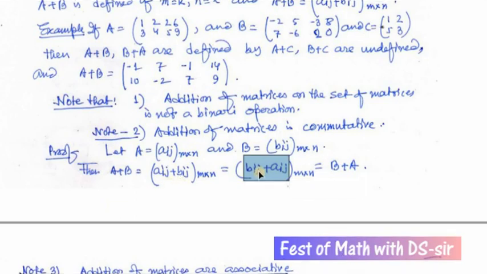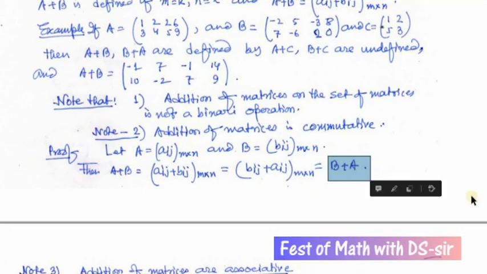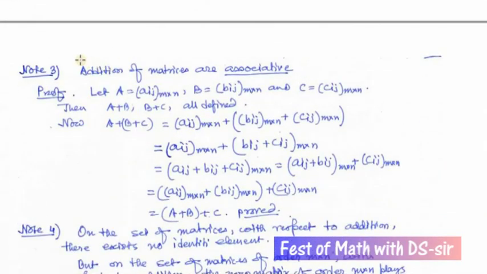So aij plus bij is bij plus aij. Now this shows that this is nothing but B plus A. So look at the proof and practice it.